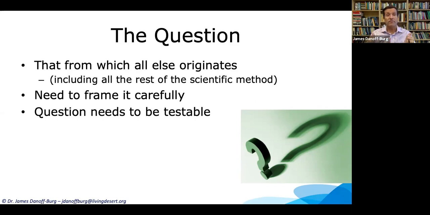So we need to frame that very carefully. And it, of course, needs to be testable. We need to be able to answer that and/or refute it if it's a yes or a no kind of question. Do people support this question, whatever that is? Okay, so question's very important. Spend some time working on refining, if you've not already, the question that you've been working on earlier on in the sessions.